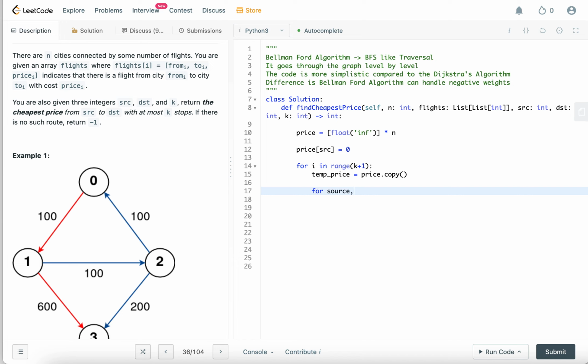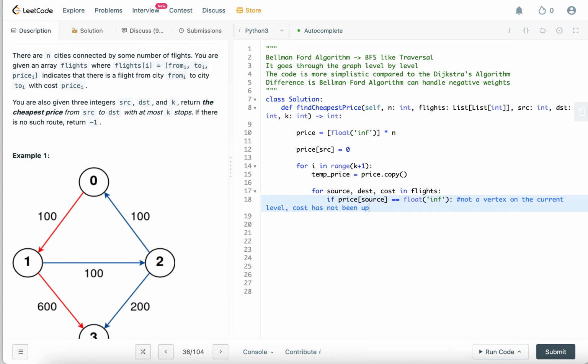For source, destination, cost in flights, I'm going to check if price of source equals float infinity, if it's still initialized at infinity, then we know this is not a vertex on the current level, and the cost has not been updated yet. So then we don't do anything. Continue, we just skip this.